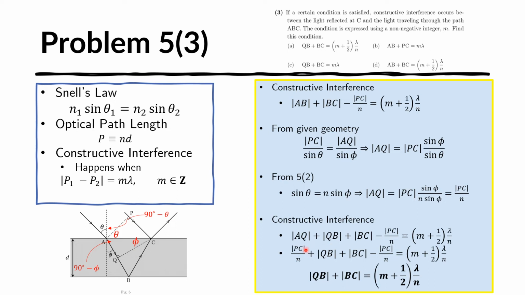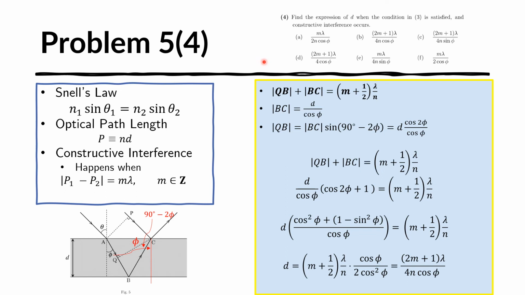However, we have now found out that this length AQ is equal to this expression here. And so we replace AQ here with this expression. And conveniently, this expression cancels with this. And so we are left with QB and BC. And now we have found the answer.